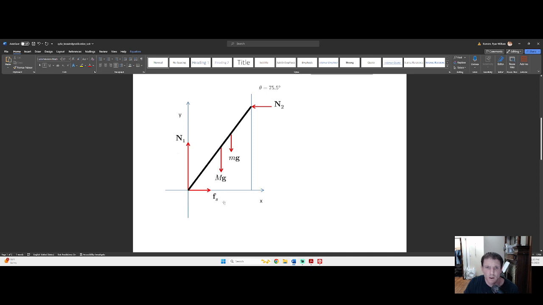Now, when computing the torque, I've put my axis of rotation here at the origin, where x and y are both 0. So I don't have to consider n1 or the static friction force when I write my net torque out, because they are 0 distance away from the axis of rotation, meaning they don't contribute to the torque.